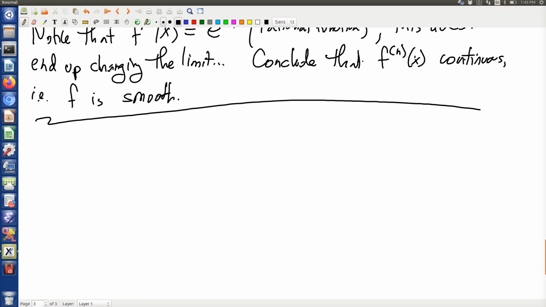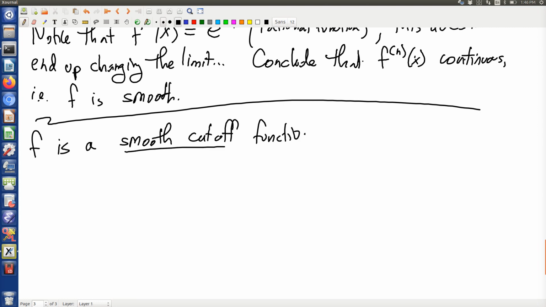But in any case, is this a silly counterexample? The answer is no. This is really the first of what is called a cutoff function. f is a smooth cutoff function. And there are lots of these. And if you take f of x times f of 1 minus x, you end up with a function that looks a bit like this.